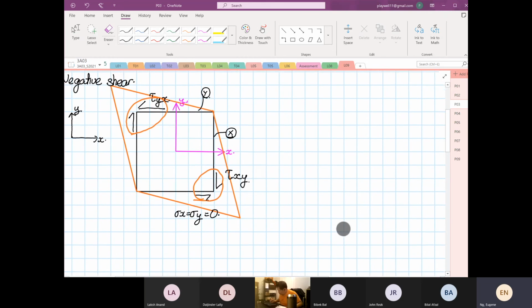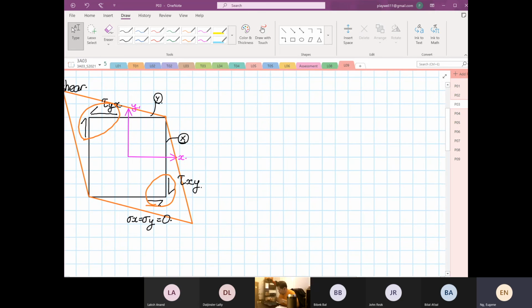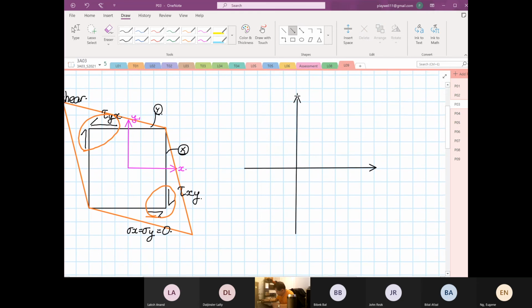Now we are going to draw this on the Mohr circle again. This is your normal stress and your shearing stress.